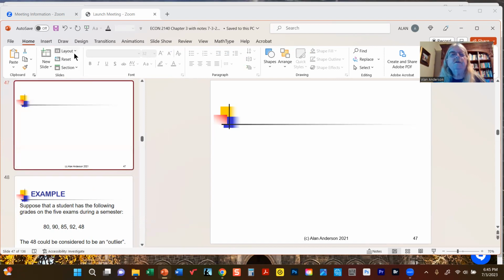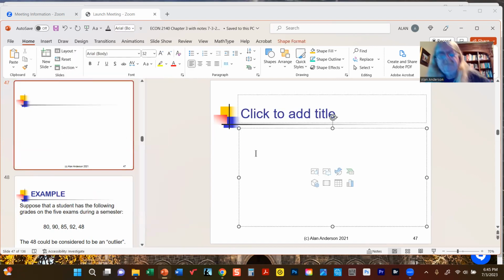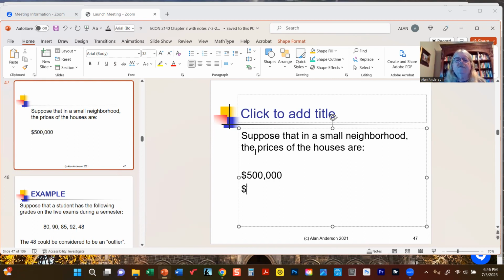So let's say you have this scenario. Suppose that in a small neighborhood, the prices of the houses are, all right, we got one worth 500,000, 450, 550, and I don't know, 600,000.